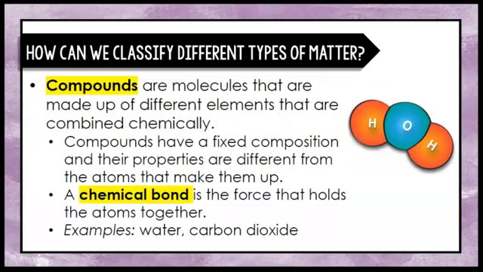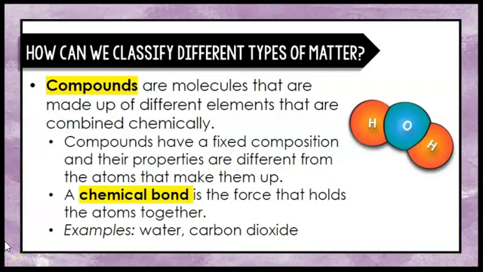If you have two or more of these elements bonded together, then you have a compound. Compounds are molecules that are made up of different elements that are combined chemically. Compounds have a fixed composition and their properties are different from the atoms that make them up.